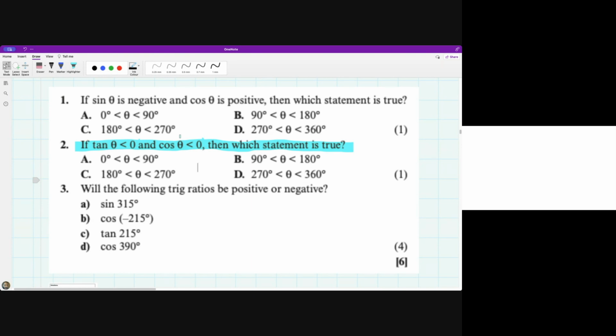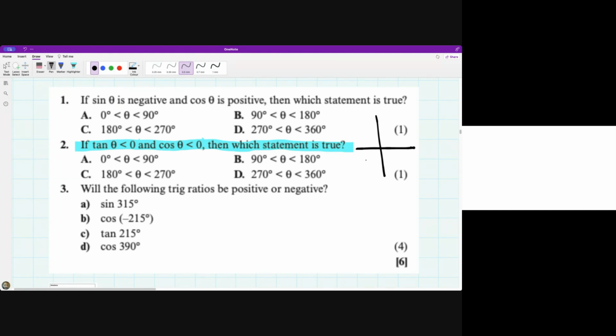What tool would you use to even help you? Okay. I was thinking I need the CAST diagram to help me.